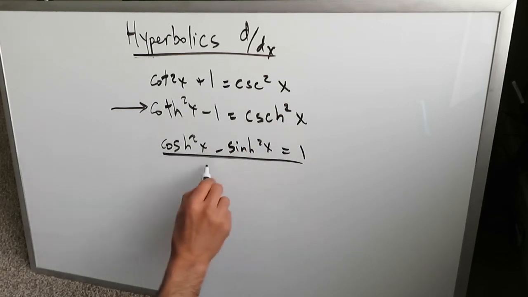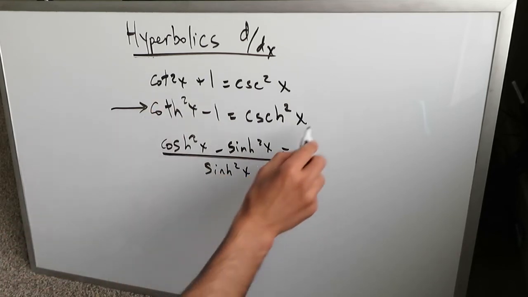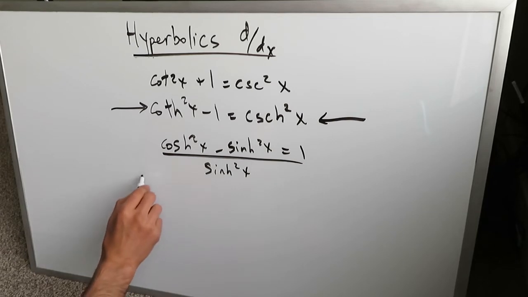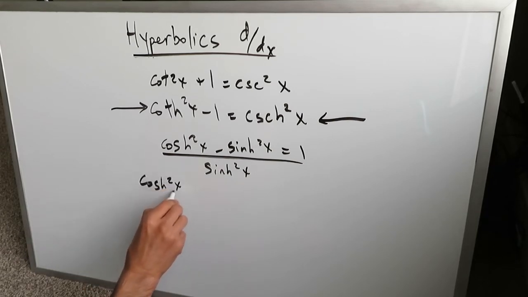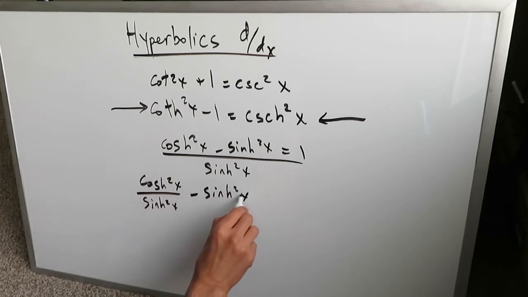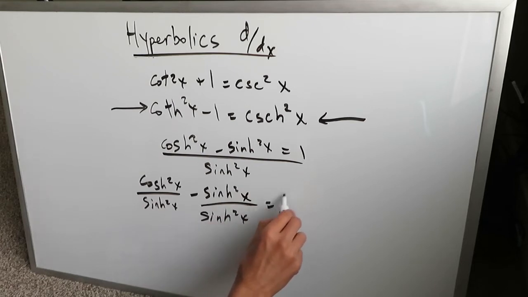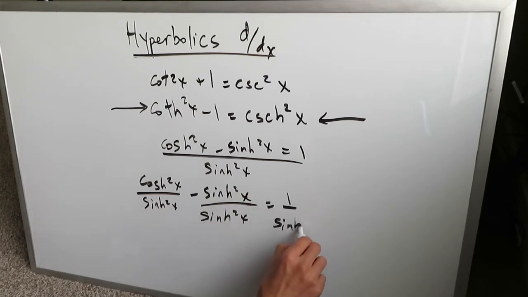When you divide everything here by the hyperbolic sine squared x and you simplify it out, you'll get to this. But let's do it. You'll get hyperbolic cosine squared x divided by hyperbolic sine squared x minus hyperbolic sine squared x over hyperbolic sine squared x is equal to 1 over hyperbolic sine squared x.